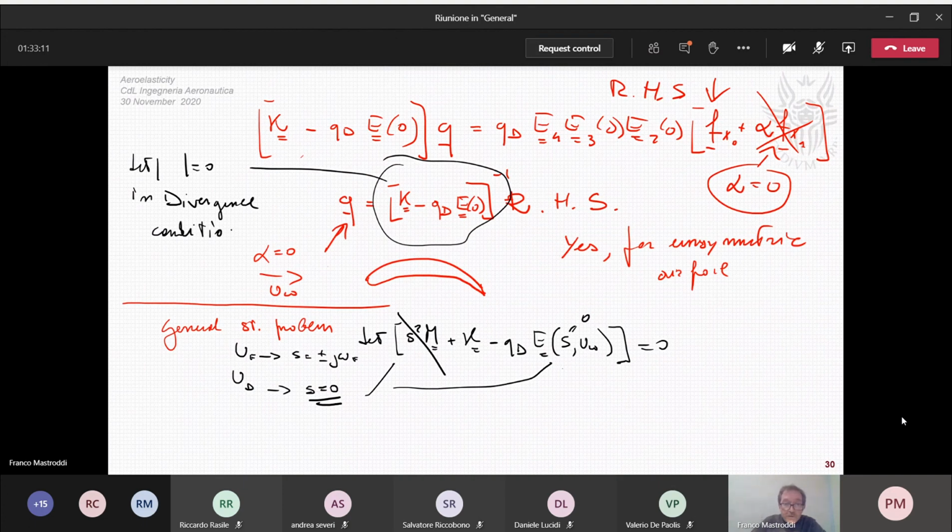Where the divergence condition is a condition for static stability. We are solving a static problem, and the condition for solving a static problem is to ensure a static stability condition. Okay? So let me rewrite.